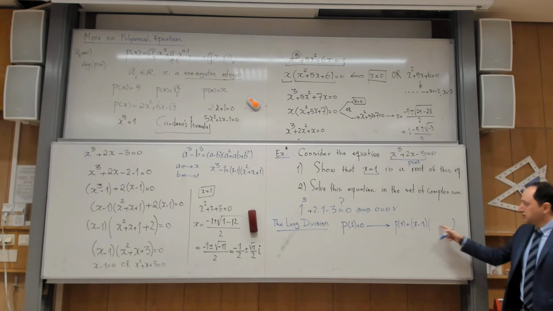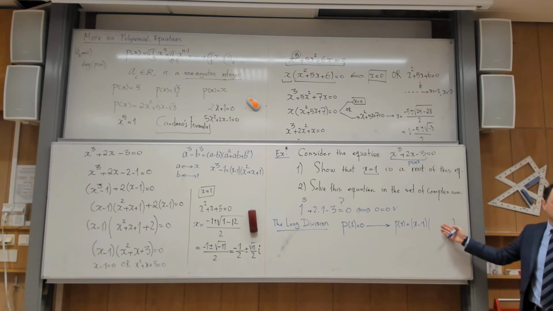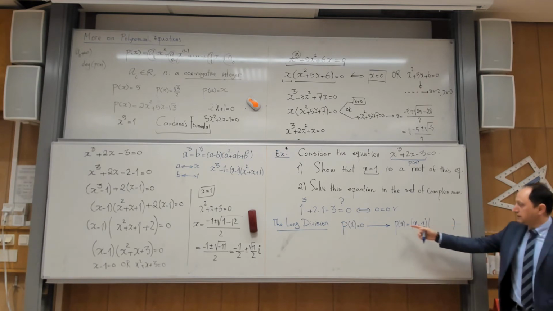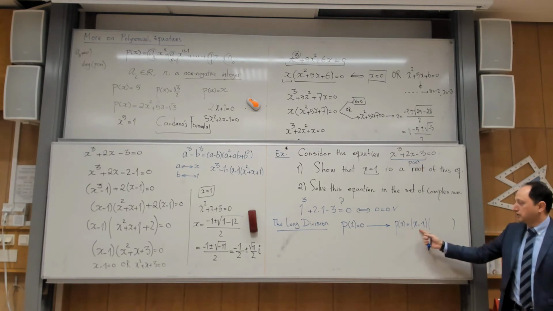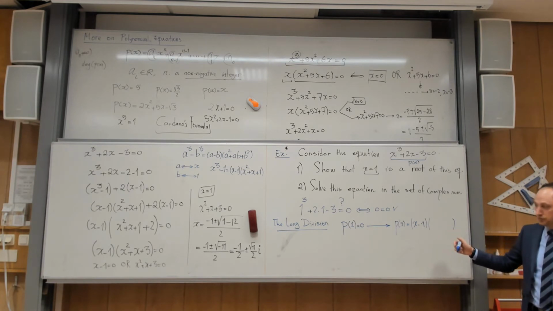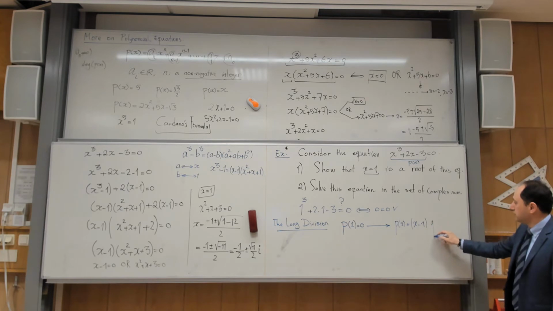But the other factor is not clear. At least something about it is clear. For example, what is the degree of this factor? We know that the degree of p is 3, so the product should be a third degree polynomial. This one is first degree, so the other is a second degree polynomial. Let us just write q of x.